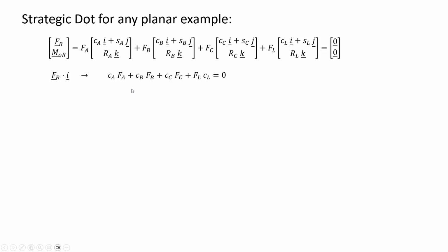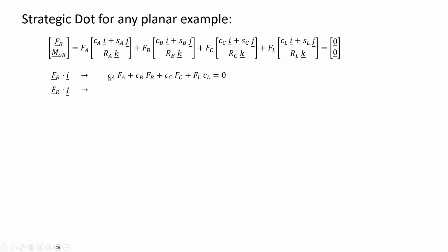When you do a dot product with a vector equation, you're going to end up with a scalar equation, and i dot i is 1, and i dot j is 0. So what's going to happen is you're only going to pluck out the cosine pieces of the force terms. So that's what you're going to get there.